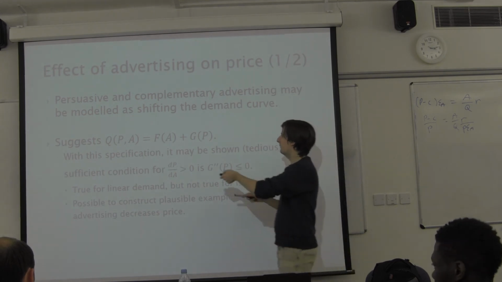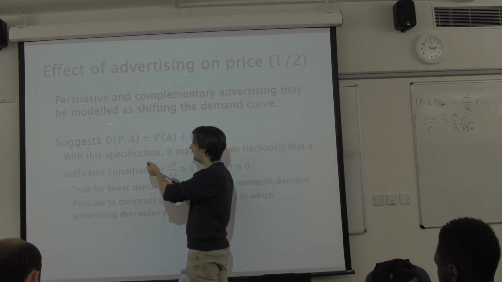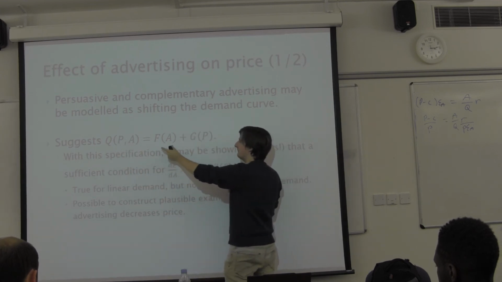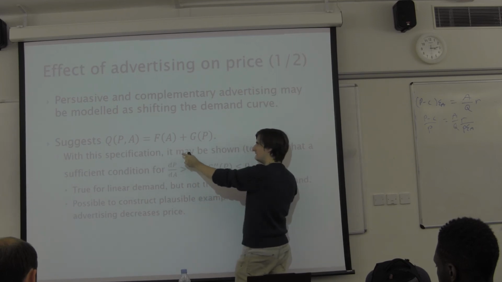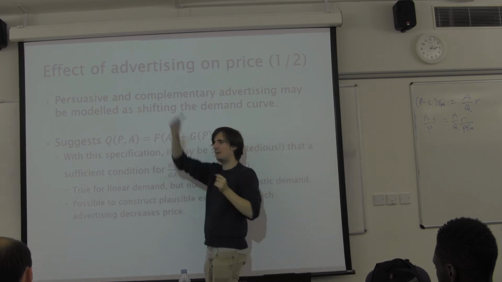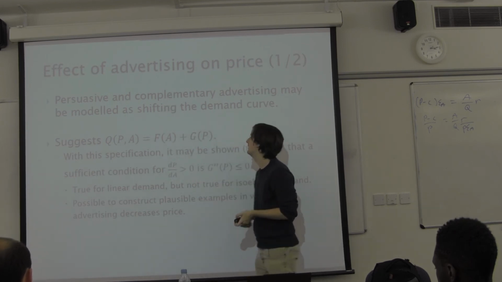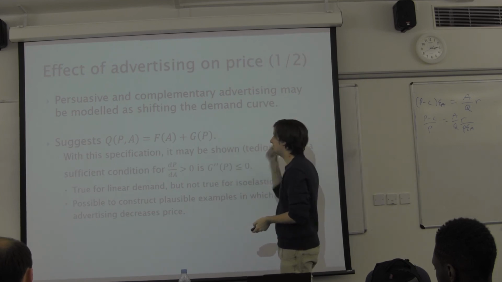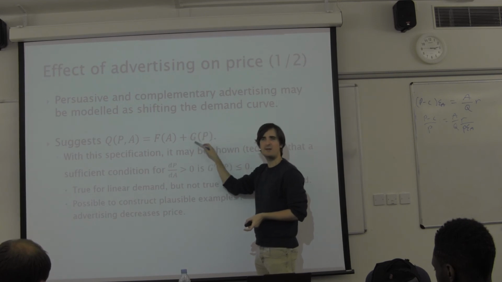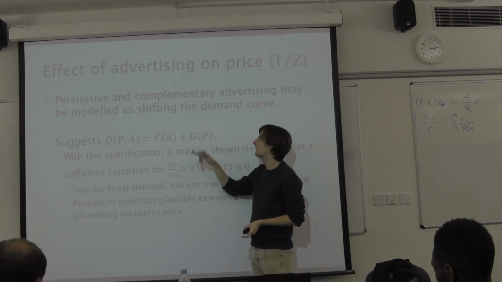So maybe a reasonable model for the demand function is that the quantity you demand is some function of the amount of advertising you see, plus some function of the price. So advertising is just shifting the demand curve up and down. This is like the demand curve when you don't see any advertising at all, that G function.